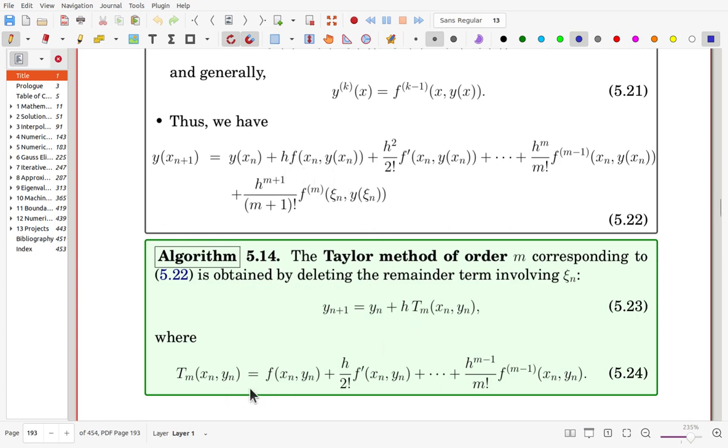Here, T sub m is given in this way. So after truncating this portion, we just get this portion to get the mth order Taylor method. That's the higher order Taylor method.